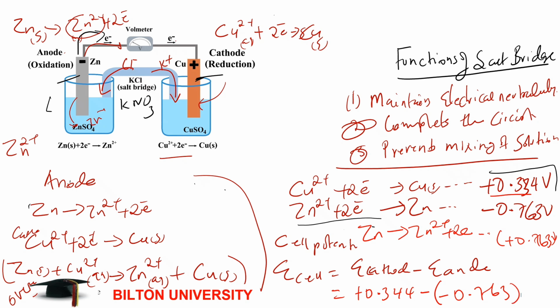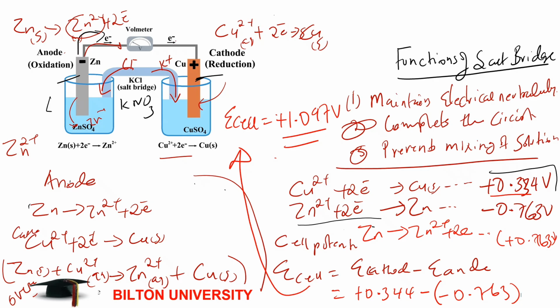So we have 0.334 plus 0.763, and that gives us an E cell of positive 1.097 V. So this is the E cell. It is very important to write the sign, either positive or negative. If someone writes 1.097 V without indicating the positive sign, then it is wrong because we don't know if it is negative or positive.